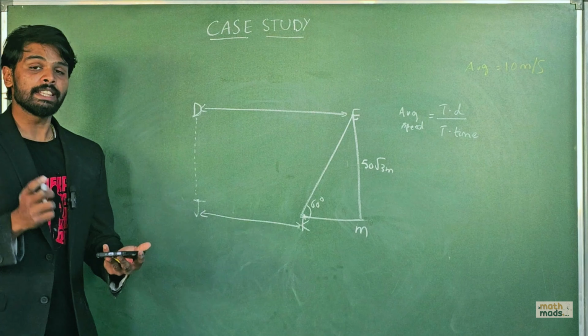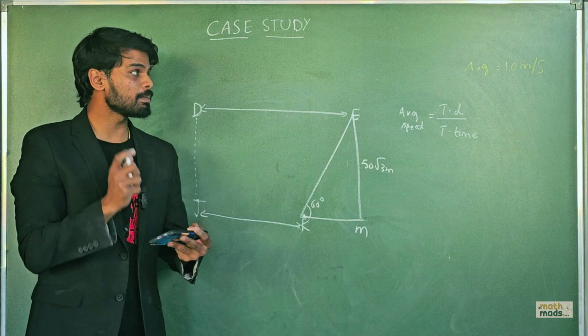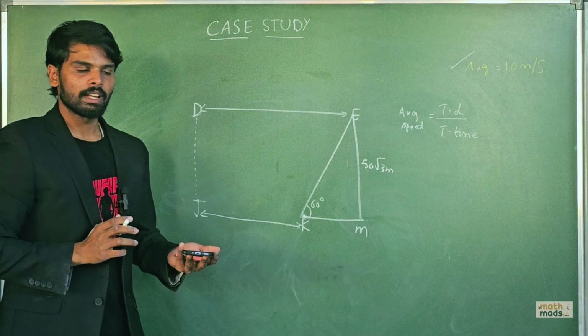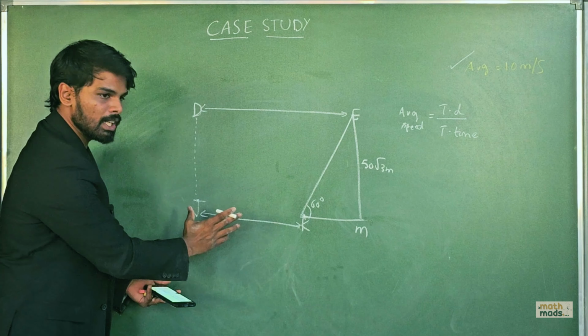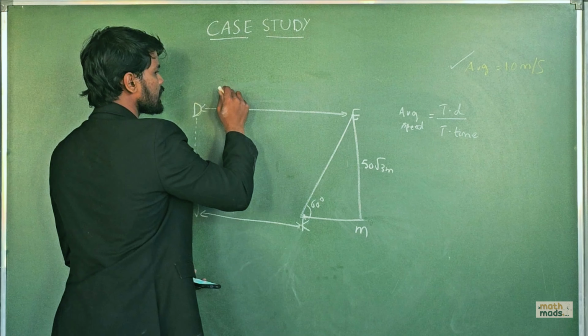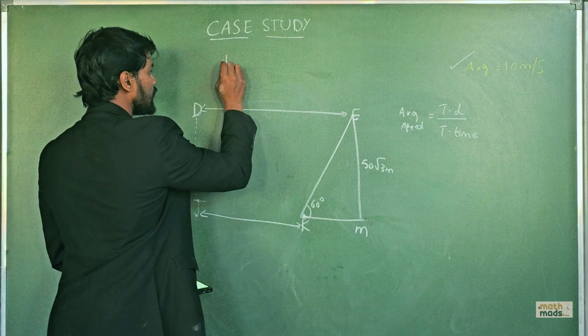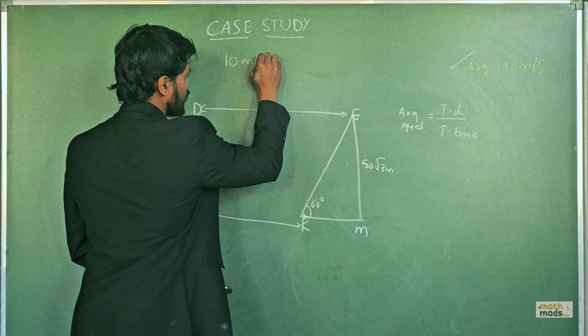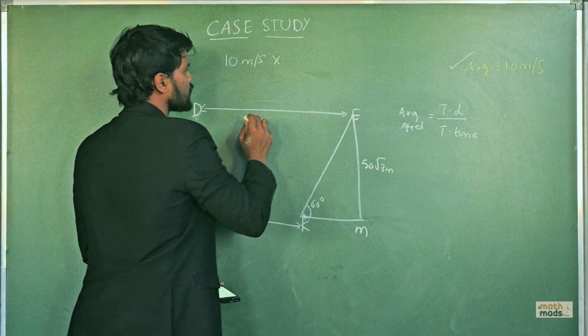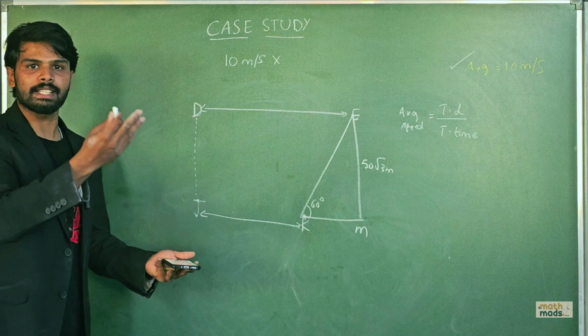Now in the beginning, if you observe, the average speed of the jeep was given as 10 meter per second. We know that. And also this journey is for 2 minutes. So I know what is the speed, that is 10 meter per second, and I know what is the time taken, that is 2 minutes. So 2 minutes is nothing but 120 seconds.